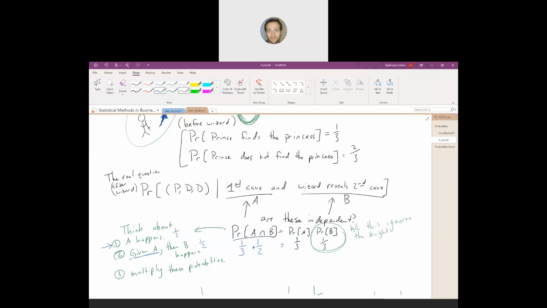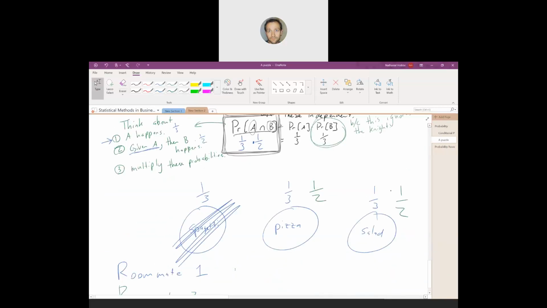So in this situation, we have to play wizard and knight together on the left-hand side here. The knight influences the wizard. Once the knight chooses a cave, it's like removing a plate.